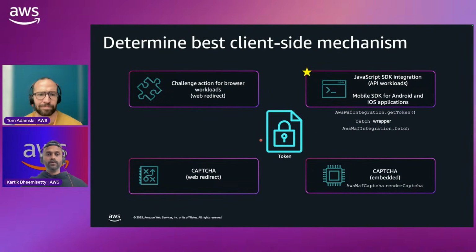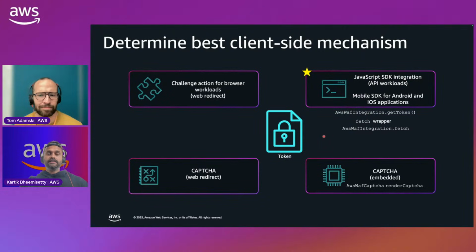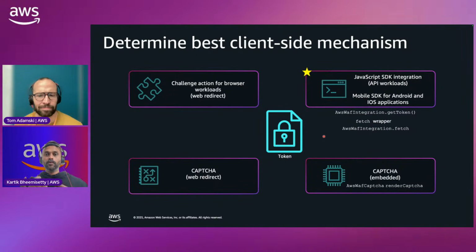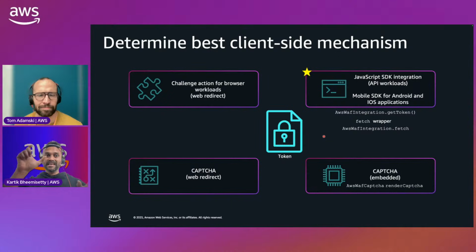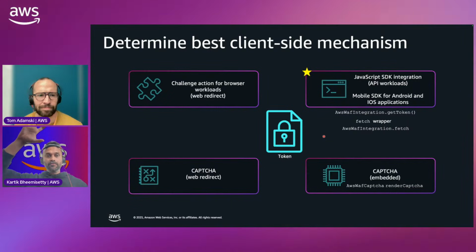Now, how can you improve customer experience? Look at JavaScript SDK integration. When you enable it, we provide mobile SDKs and also one for HTML pages. You can add an SDK to the top of your HTML.